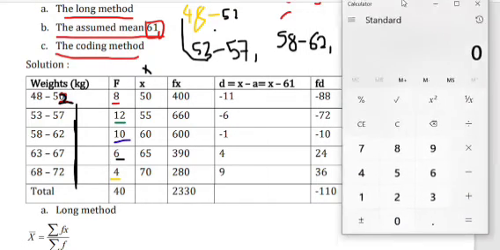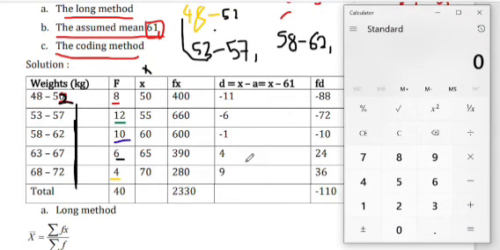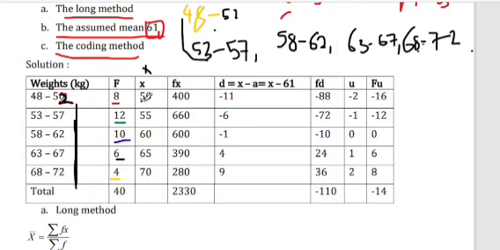So you just say 48 plus 52. That's going to give me 100. Divide it by 2. That is equal to 50. That's why you have 50 here.